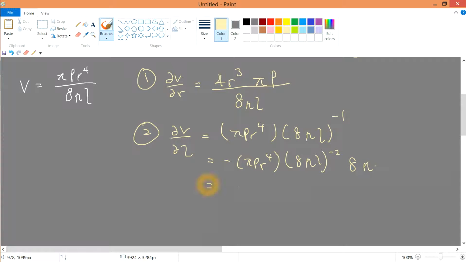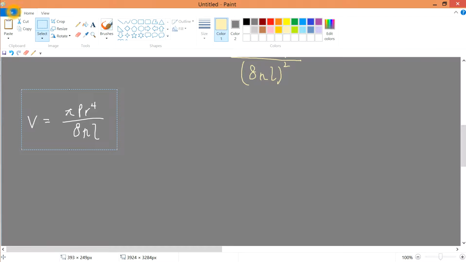Henceforth I have minus 8n pi P R to the 4 divided by, because this is to the power of minus 2, which is equal to 1 over a square, a bracket squared: (8 n L) squared. Be very careful with the bracket square, okay? This is very key understanding. Don't write it like that, you're going to kill yourself.